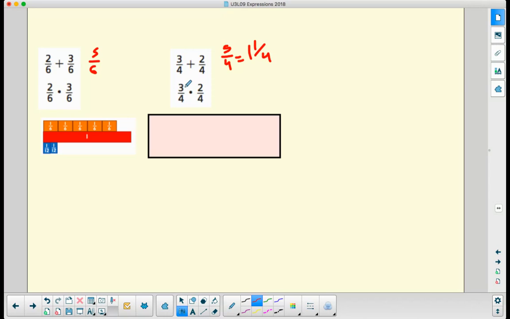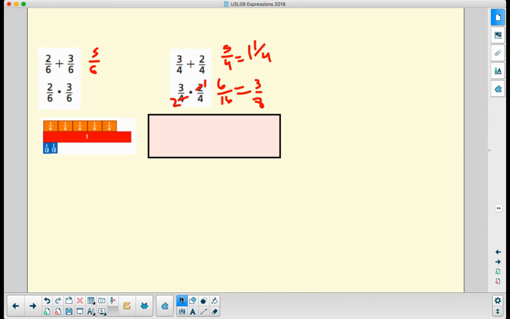But multiplying gives me 3 multiplied by 2 is 6. 4 multiplied by 4 is 16. Or simplified, there's 1 2 and 2, 2 2s and 4, 3/8.